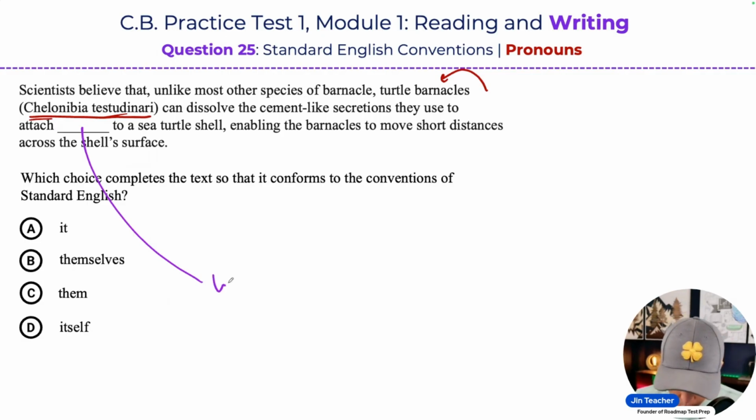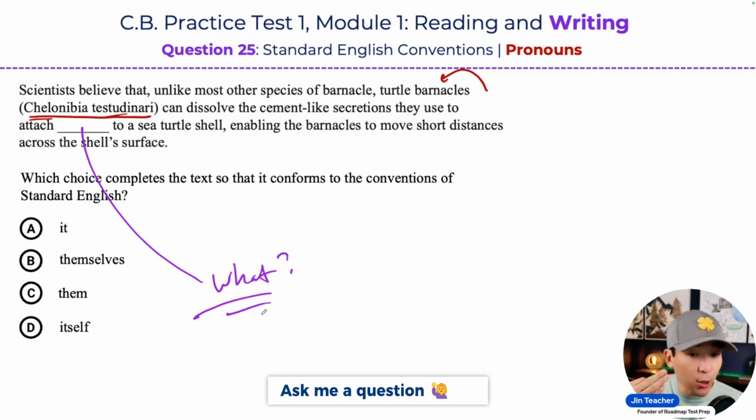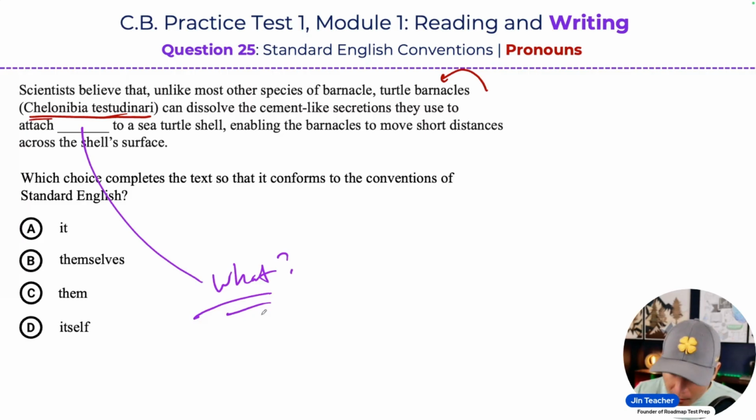To attach what to a sea turtle shell, enabling the barnacles to move short distances across the shell surface. This is where logically you have to think about what noun this pronoun is referring to. Based on your understanding of the passage, you're going to have to figure out the logical answer to this question.